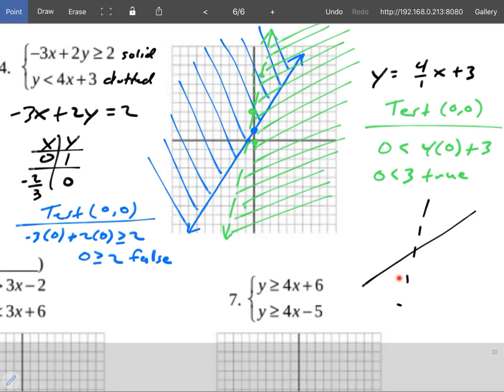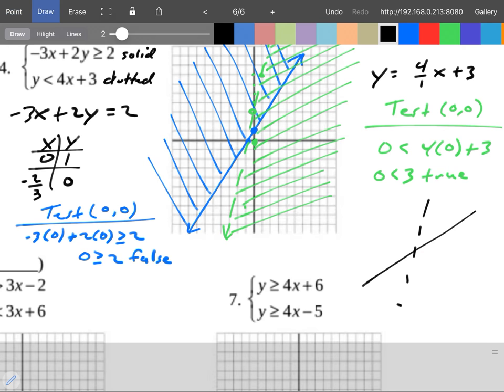So then this part in here is not shaded at all. This part over here is only shaded blue. This part is only shaded green. So then your solution points are actually in here. So hopefully that kind of makes sense to you guys. That's the double shaded part, the part that's both green and blue.